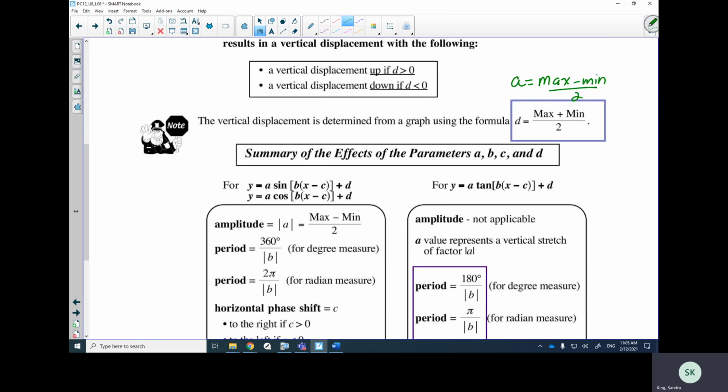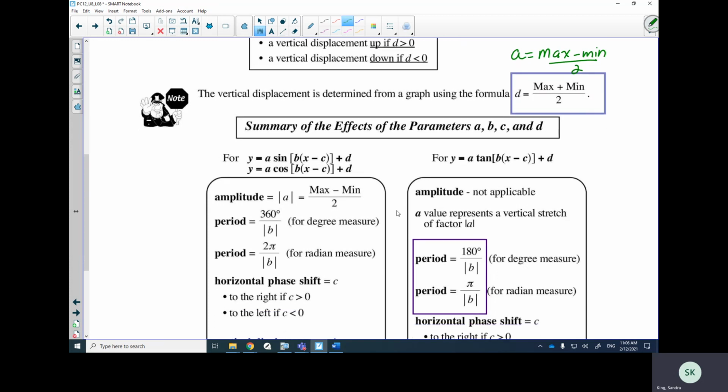So what I'll often tell students, because that's not on your formula sheet, how to calculate A, how to calculate D, and we'll be doing that today when we're actually graphing. I tell students, just remember one of these two, commit one in your brain, and then the other one is the opposite. So if you remember that D is max plus min divided by 2, A is max minus min. So it should be the opposite to get your A parameter.